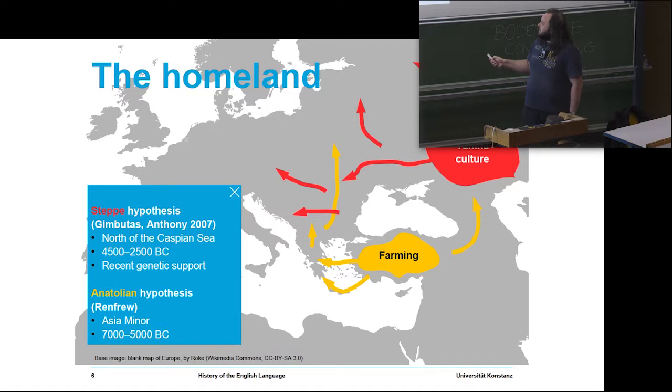And this spread, again, it spread out via Greece. It was associated with the spread of modern farming methods, modern agriculture. So this hypothesis has some support from recent computational approaches to historical linguistics, among other things, as well as some archaeological and historical support.